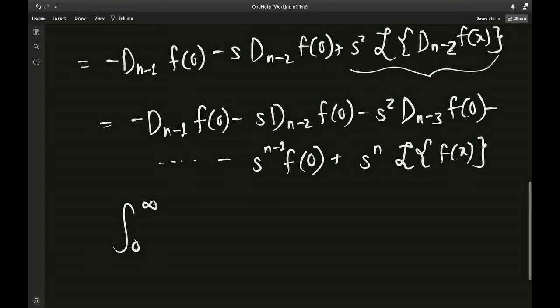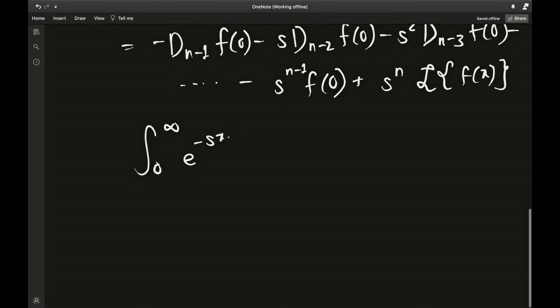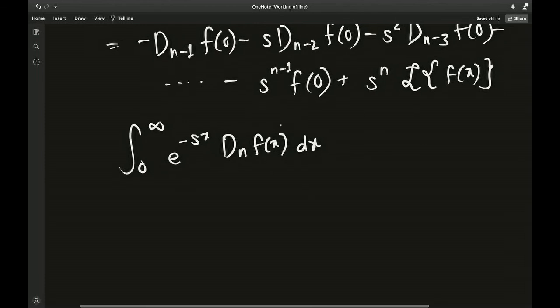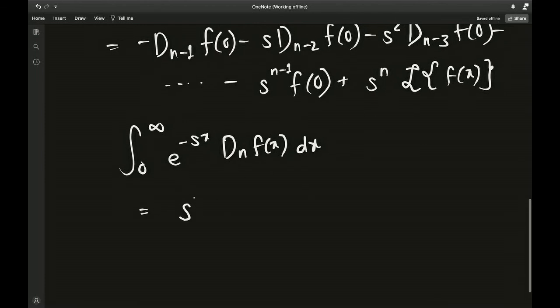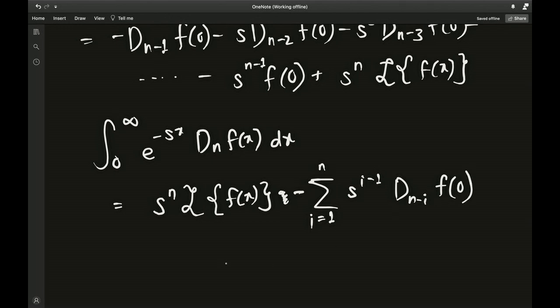The integral from 0 to infinity, the overall expression that we started with, e to the negative sx times the nth derivative of f of x dx, is s to the n times the Laplace transform of f of x, minus the sum from i equals 1 to n of s to the i minus 1 times the n minus ith derivative of f of x at 0.